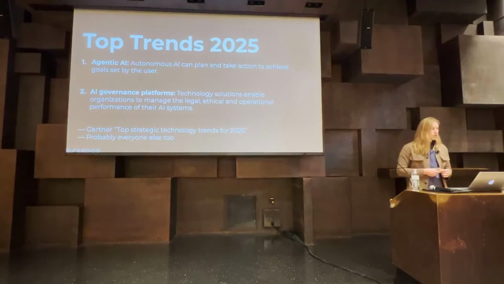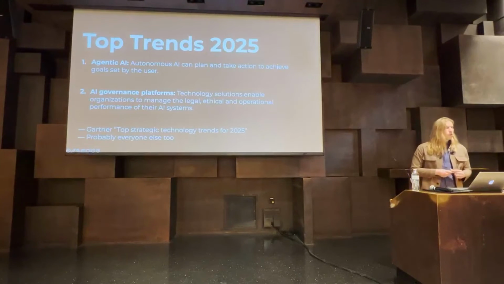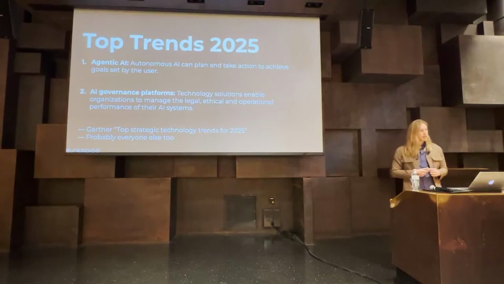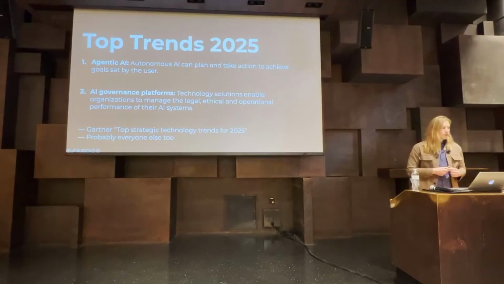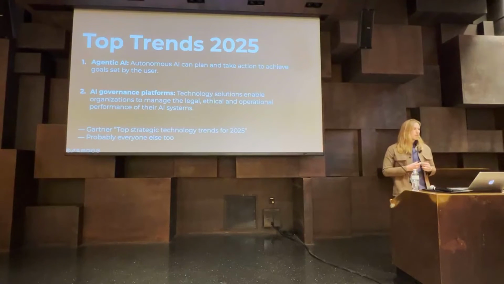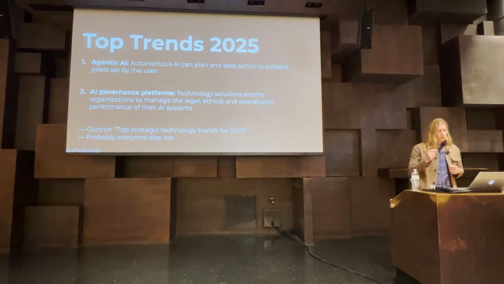Fast forward to 2025, and Gartner and probably everyone else has said that the number one technology trend is agentic AI, where autonomous AI can plan and take action to achieve goals set by the user. But I think almost more importantly is that second trend that they call out, AI governance platforms.